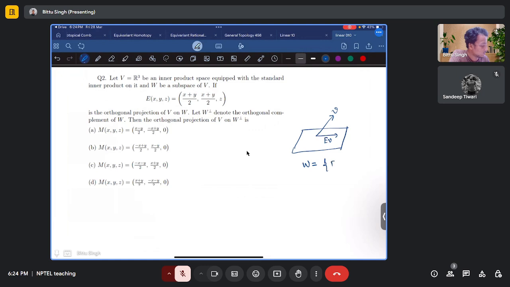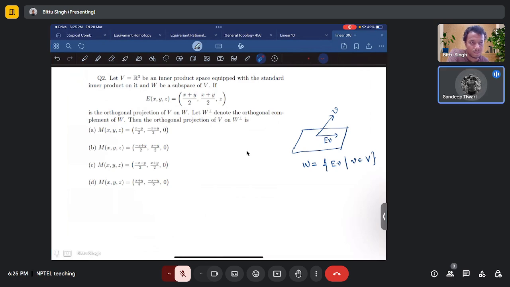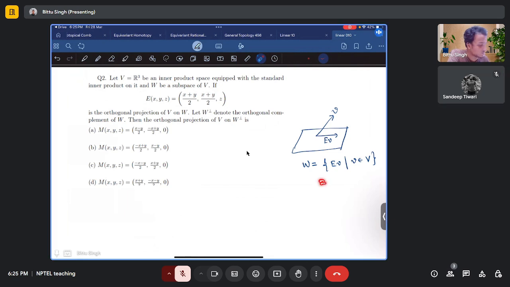W can be written as EV for all V belonging to the space, because EV is simply W. E acting on W is W, since V can be written as W direct sum W perp.